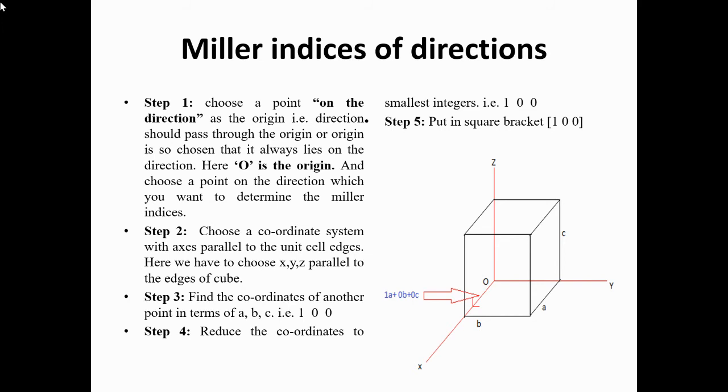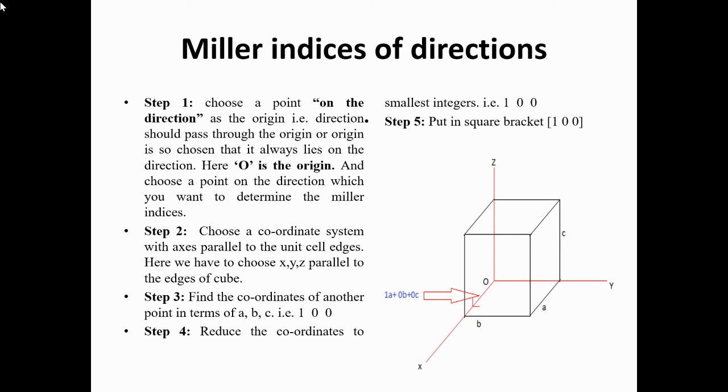So the coordinates will be 1, 0 and 0, where the coefficient of A is 1, of B is 0 and of C is 0.